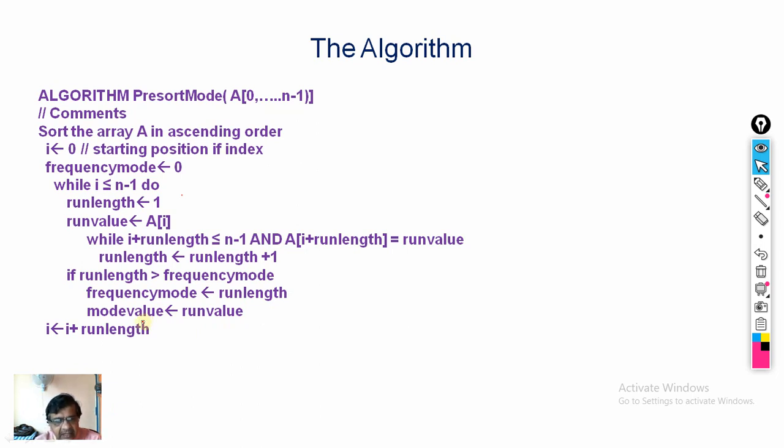Similar things continue till the array ceases to exist, till i reaches its limit, then we will return mode value. For this example the mode value will be 15, because it carried the run length equal to 4, therefore frequency of the mode is also equal to 4 and the mode value is 15.